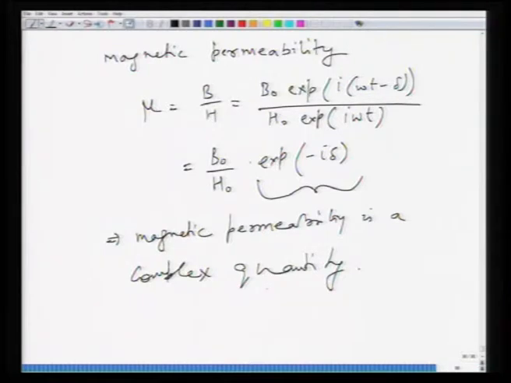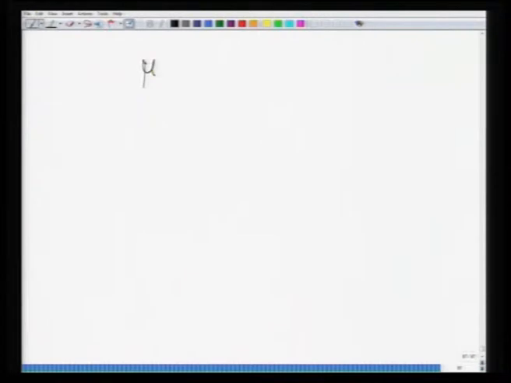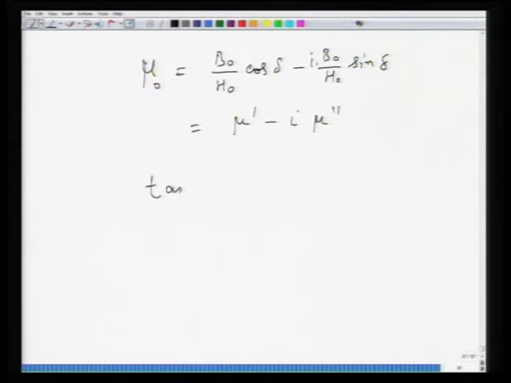This is similar to what we saw in dielectric materials, where we established the same conclusion by taking the AC electric field. So mu can be written as B naught over H naught into cos delta minus i times B naught over H naught sin delta, and this can be written as mu prime minus i mu double prime. Here mu prime is the real part of magnetic permeability, and mu double prime is the imaginary part.